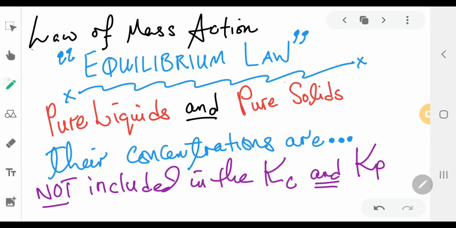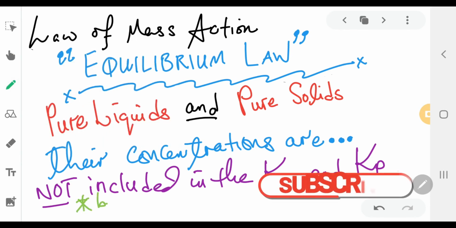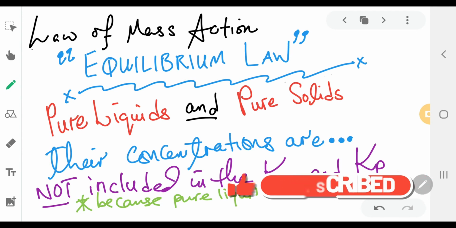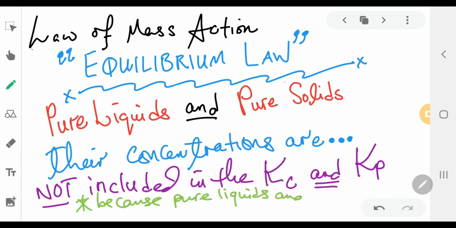The reason is because pure liquids and solids are constant. Okay, they are always going to be constant. So that is the only thing you need to know about pure liquids and pure solids.